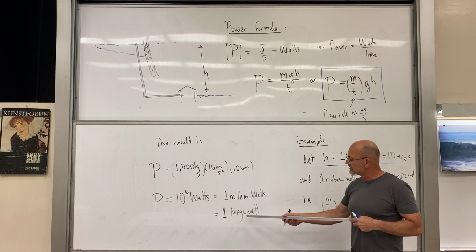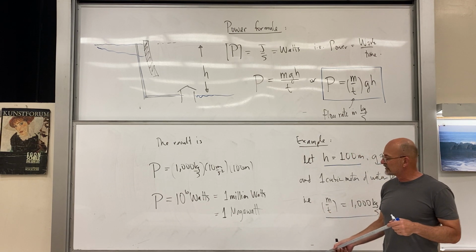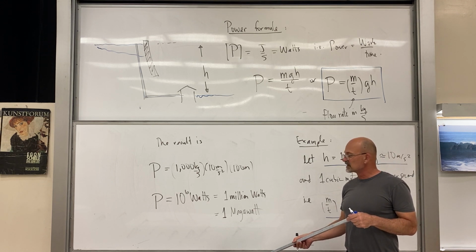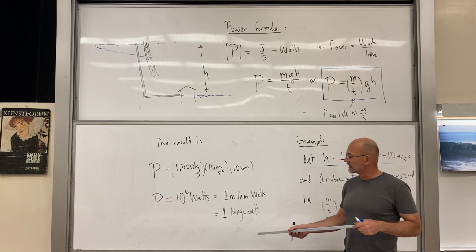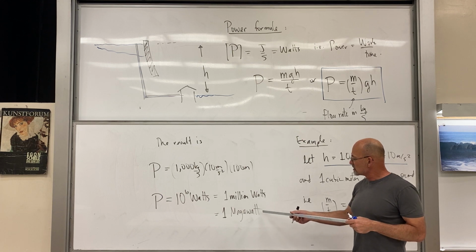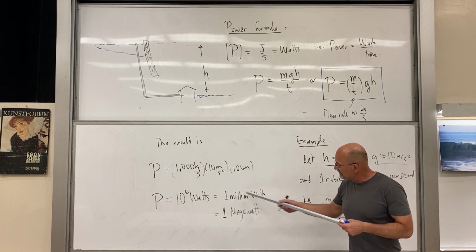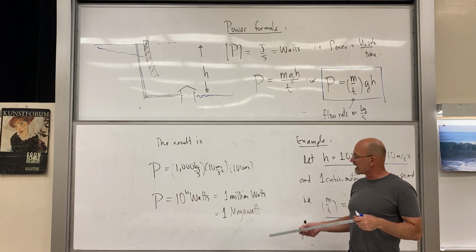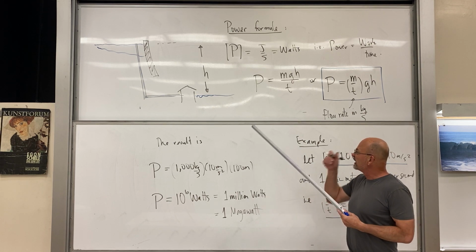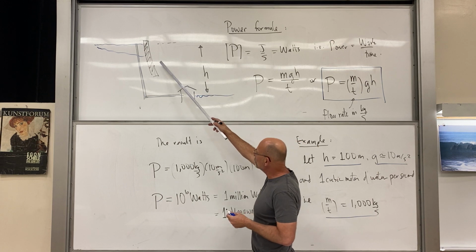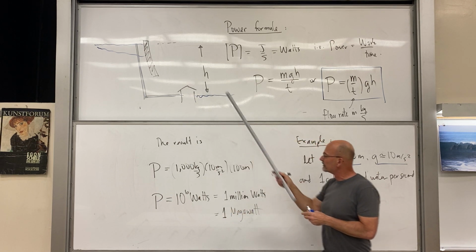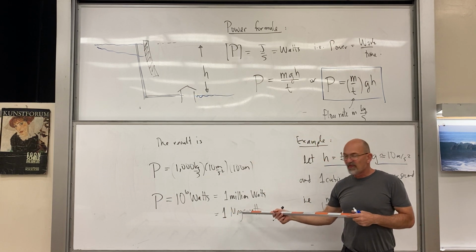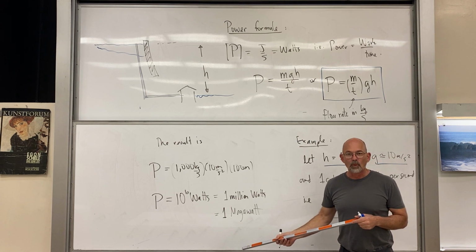Well, how much is that? That's a lot more than your refrigerator uses, but it's a lot less than a whole city uses, okay? So a megawatt is a decent unit of power if you're talking about larger scale applications. One of these dams, a larger dam, as we'll keep studying them, can deliver 1,000 megawatts or more.